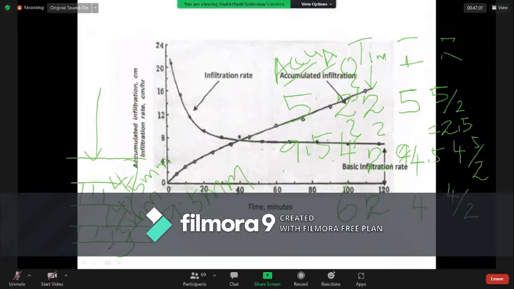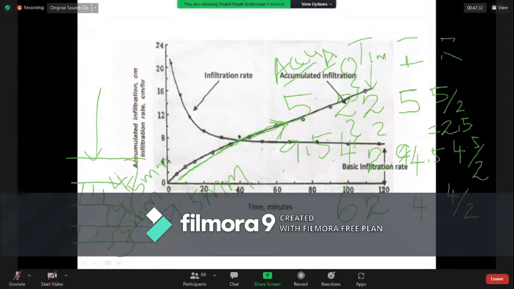So that's why this accumulated infiltration value is going upward and this graph is moving like this. Why? Time to time, infiltration is happening. We need to add each value and get the accumulated infiltration.